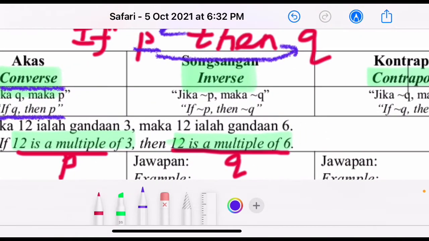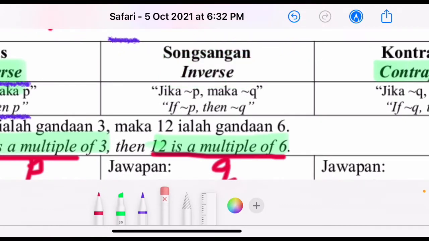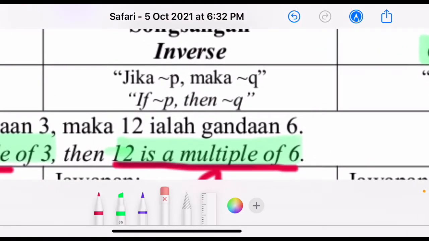Now let's proceed to inverse. Can you see the line here? This is called tilde, and when we read it, tilde means not.